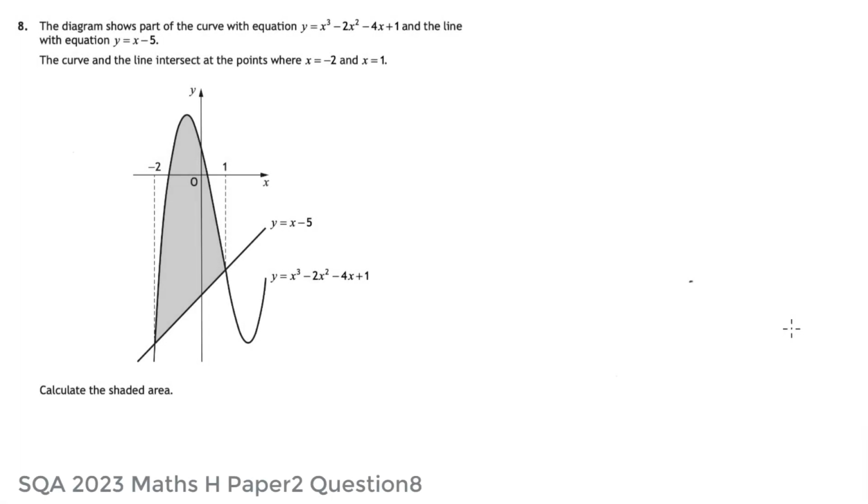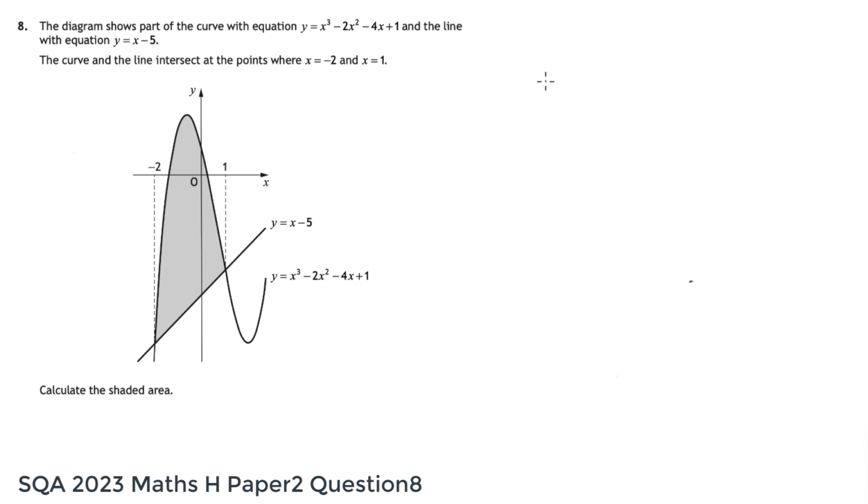So here's question 8. It involves a graph with two curves on it, or one's a straight line, one's a curve, and we're asked to find the shaded area here. We're given the formula for the top curve, which is a cubic, and the bottom line, and we're given its formula also. And we're told where the two graphs intersect at -2 and 1 for x.